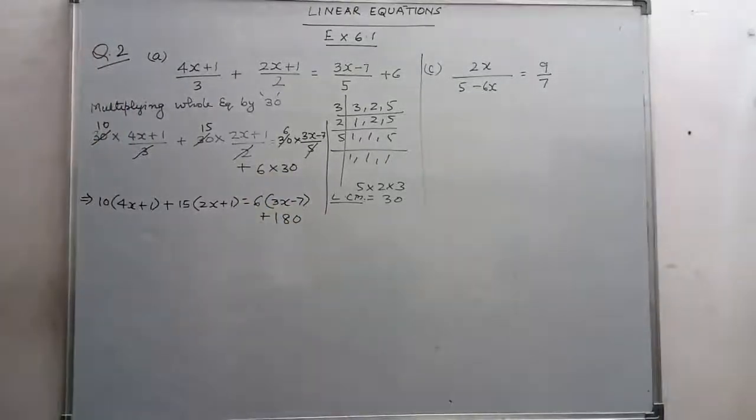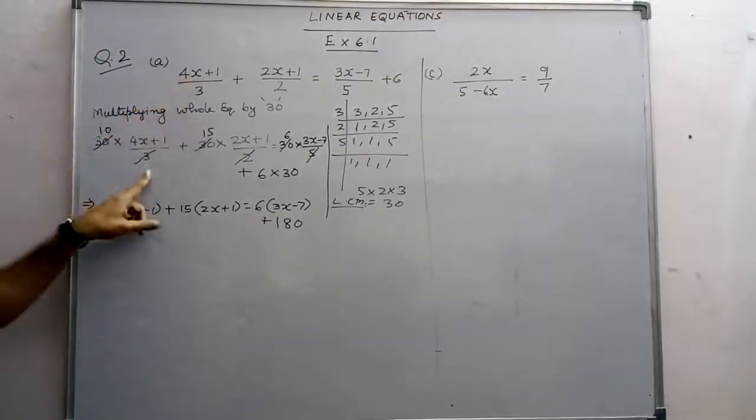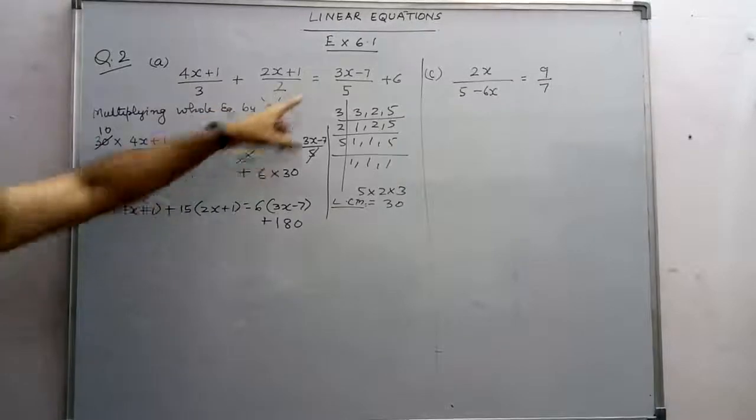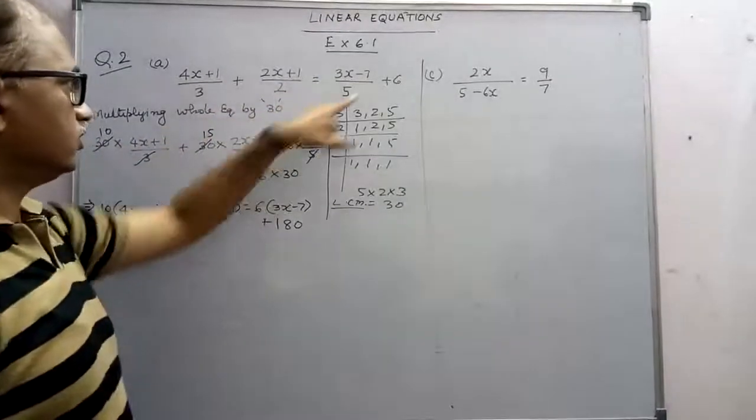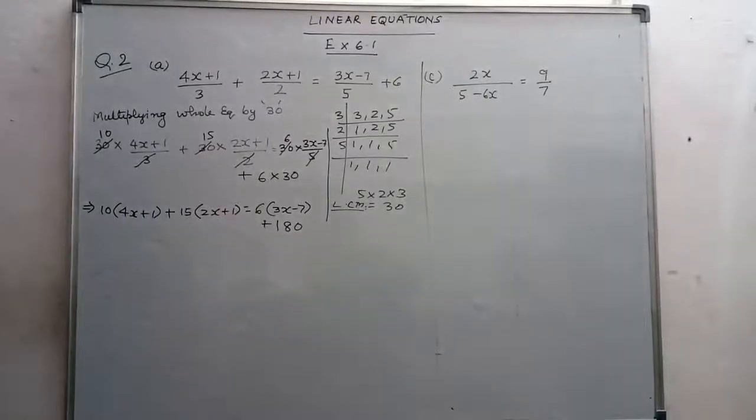This is what you will get on multiplying the whole equation by 30. All the terms are multiplied by 30 separately.